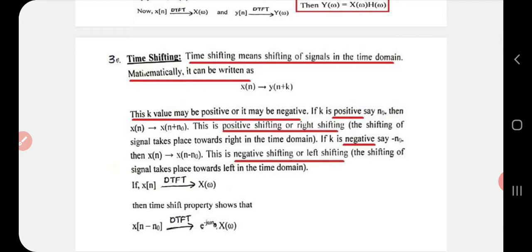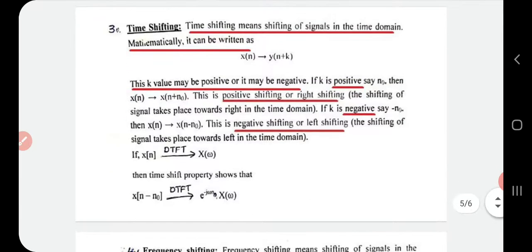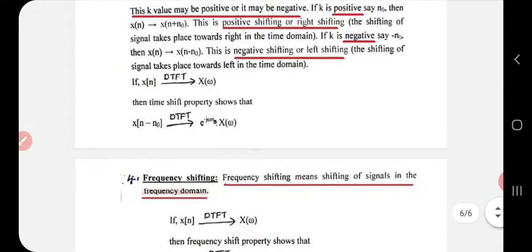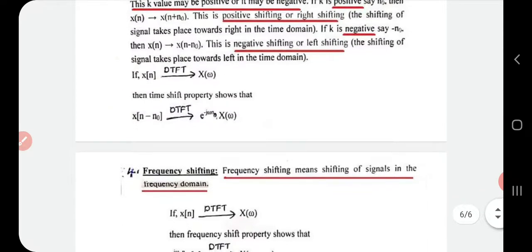If k is negative, we call it negative shifting or left shifting, that is, the signal will get shifted towards the left in the time domain. So the time shifting property is given here: x of n minus n0, that is, there is a shift n0. On applying DTFT, it will be given as e raised to minus j omega n0, the shift, times X of omega. X of omega is the DTFT of x of n.